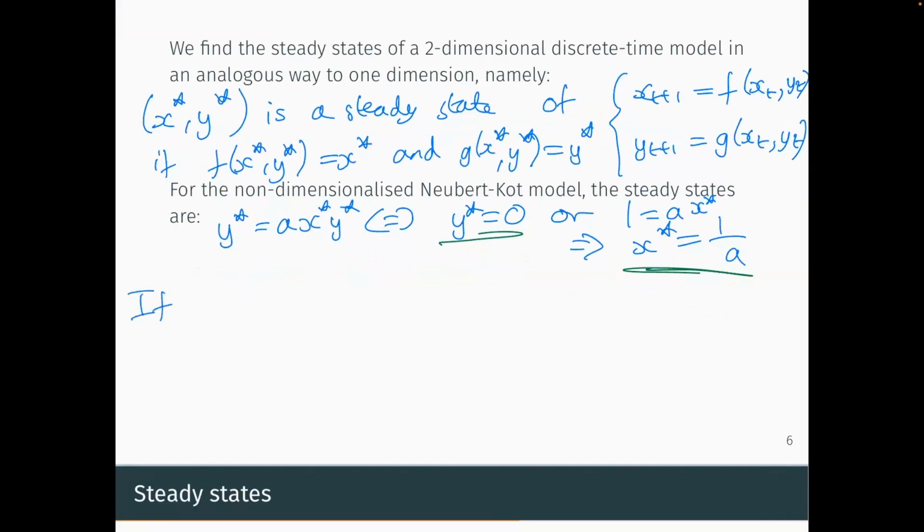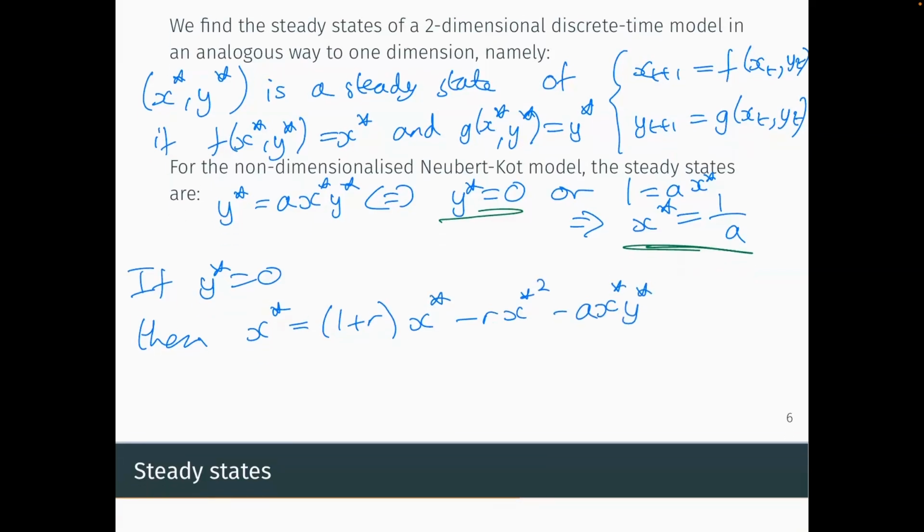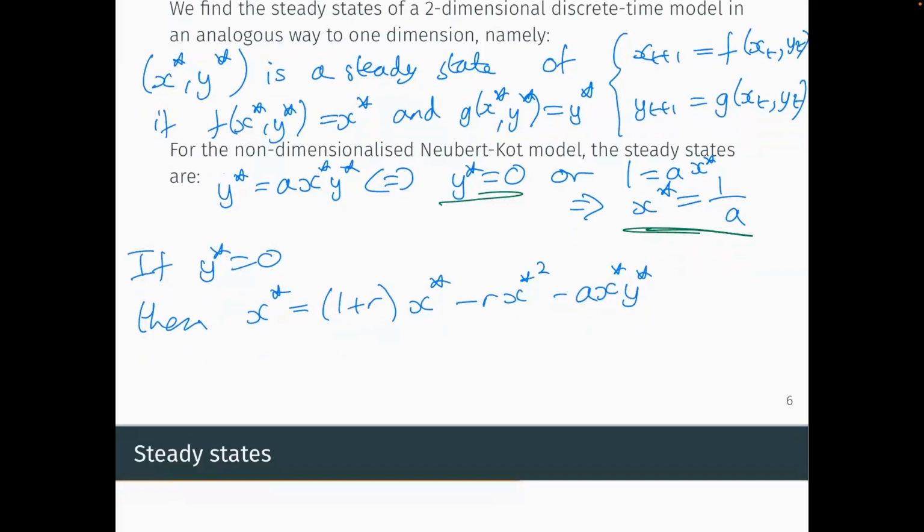Let's consider what happens if y star is equal to 0. Then for our equation for x t plus 1, we're going to have x star equal to, let me write it out in full to start with, 1 plus r times x star minus r x star squared minus a x star y star. If y is equal to 0, we can drop this one off here.